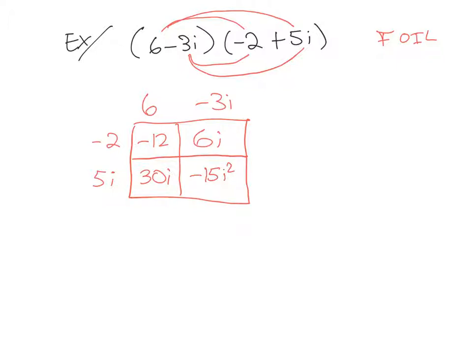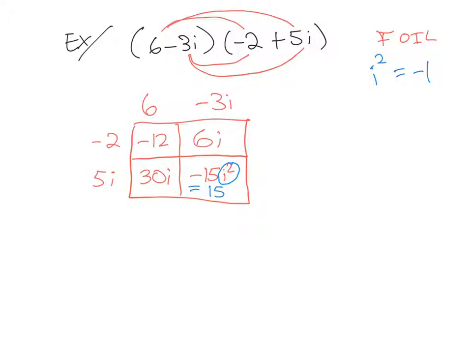But don't forget, what's i squared? Let me write it off to the side: i squared equals -1. So what is i squared going to do to this -15? Perfect, it's going to change the sign. All i squared does is change the sign. Don't get that confused with ice cream. Two very different things.